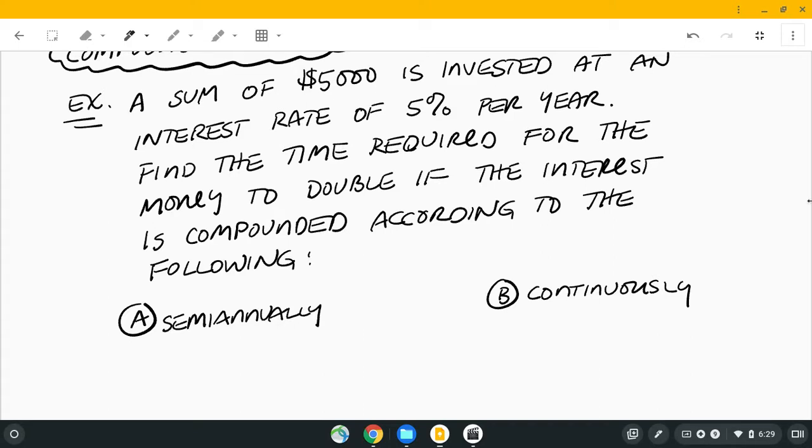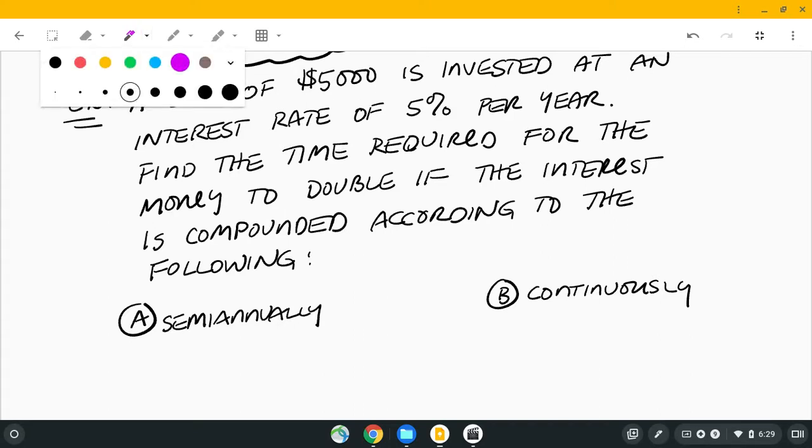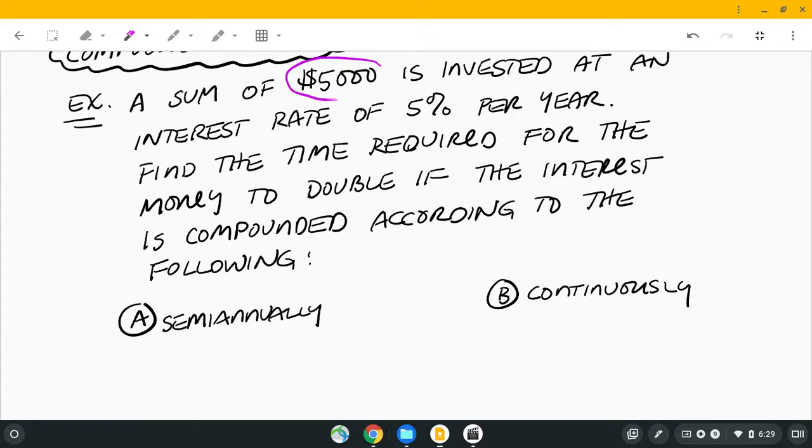This is our P value right here. This is R, but we want the decimal version, so it's going to be 0.05. And then double. So this is A, 10,000, if it doubles.